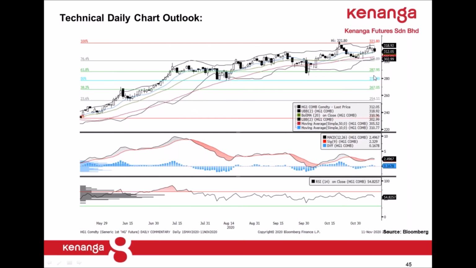So it's generally in an uptrend, and it has been consolidating ever since mid-October. Now it is stuck within the range of $3 to $3.20. This will be the consolidating range, and generally it's still in an uptrend.